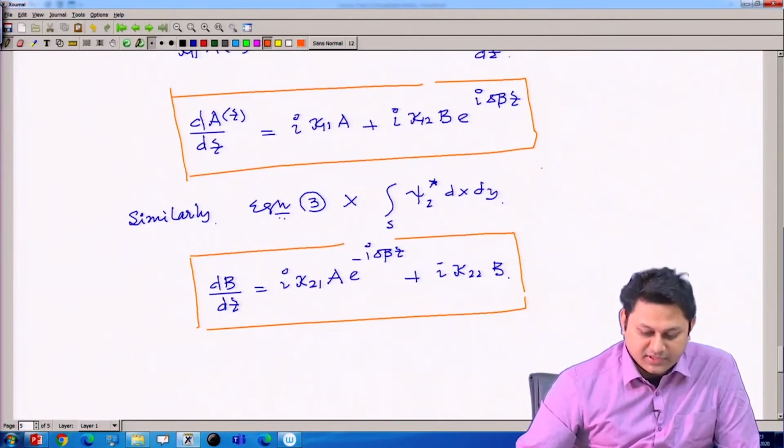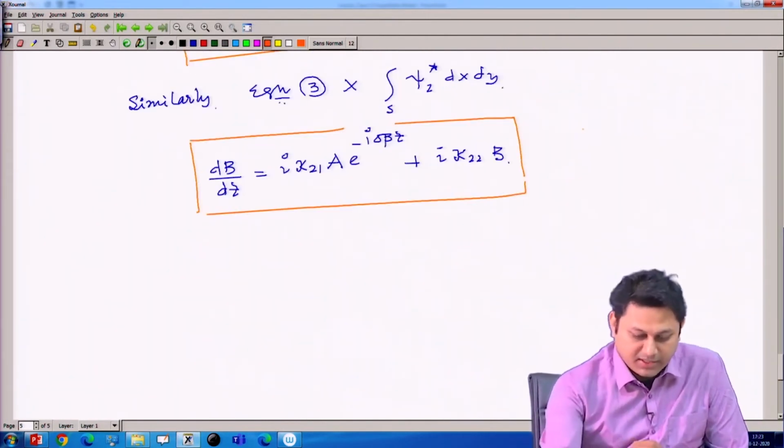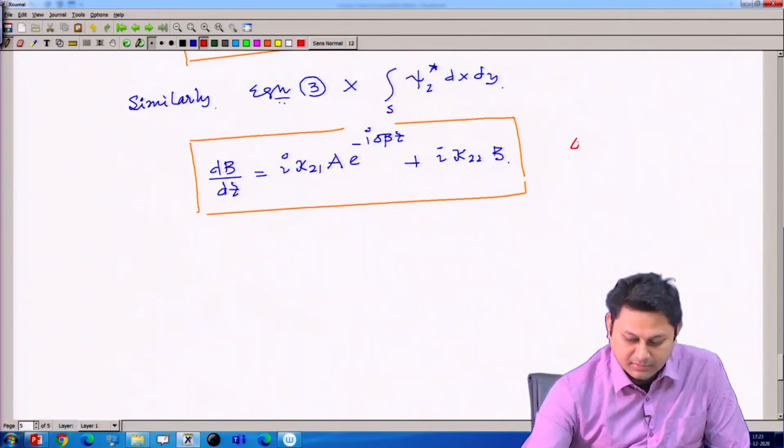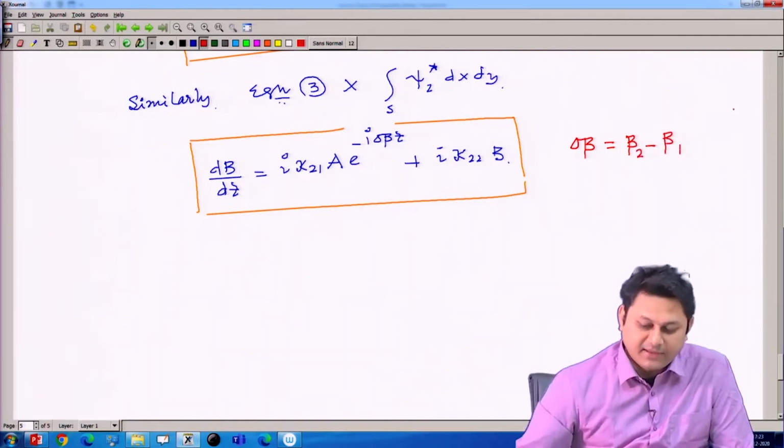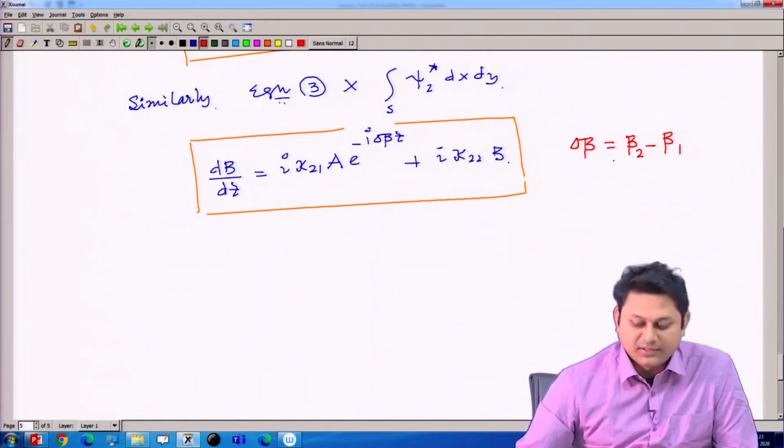Note it, in the first case I have delta beta, but in this case I have minus delta beta, because my delta beta is defined as beta 2 minus beta 1. So, in the first case I have a term beta 2 minus beta 1, and in the next case if you do the calculation rigorously, you will find you have beta 1 minus beta 2.